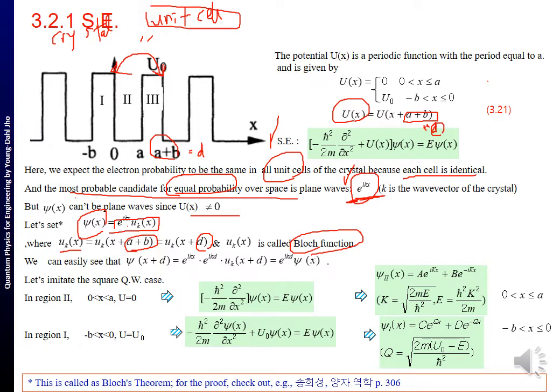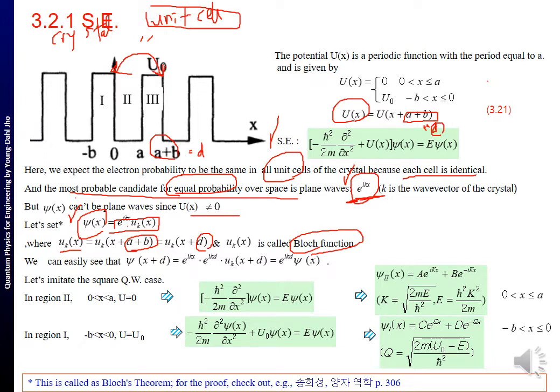So we can prove this, but we'll just accept it for this class. For the proof, we can see some more detailed quantum mechanics classes, but in terms of application, we don't have enough time to prove it, and it doesn't matter that much actually. We just accept it and think about how to use it.